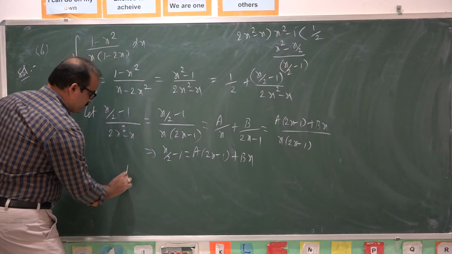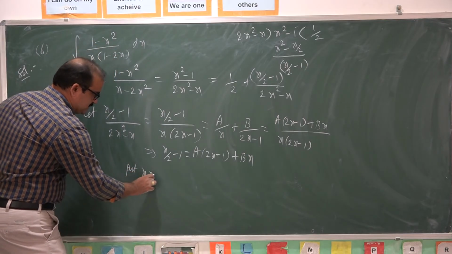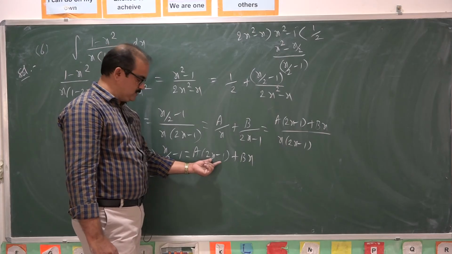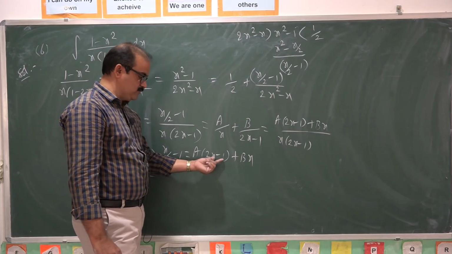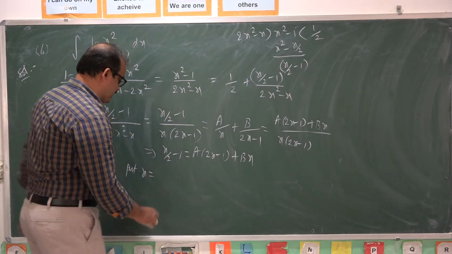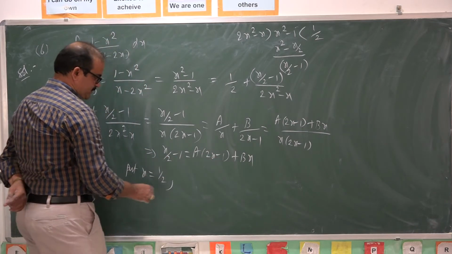We put x is equal to, when it will become 0, if 2x minus 1 is equal to 0, then 2x is equal to 1, x is equal to 1 by 2. So you put x is equal to 1 by 2 here.